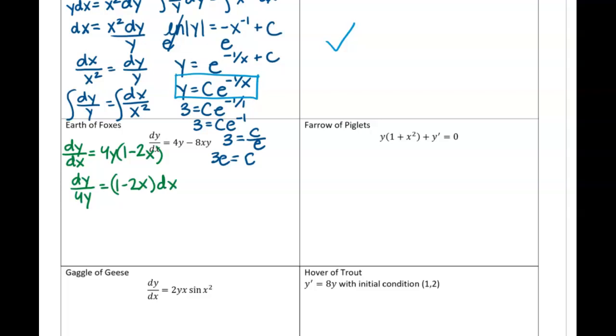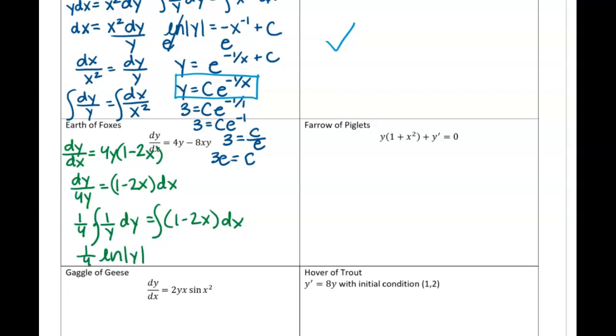And so this is 1/4 times 1 over y dy equals 1 minus 2x dx. I'm going to leave the 1/4 outside and integrate. You can do it whichever way you want, right? So this is 1/4 natural log of the absolute value of y.